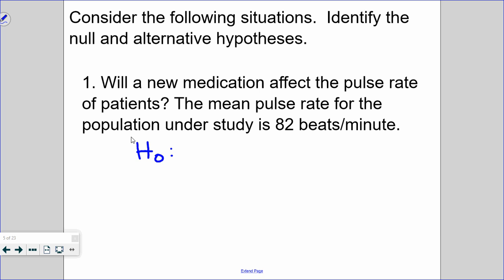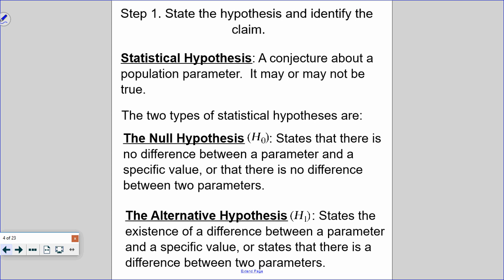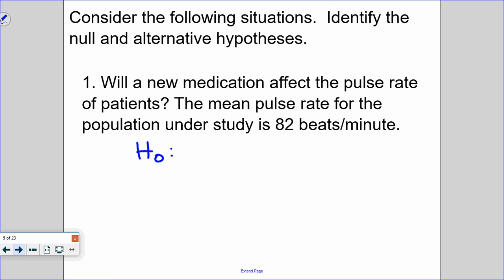I mentioned it several times, that there is a difference between a parameter and a specific value. Mean is a parameter. Population mean is a parameter. Population standard deviation is a parameter. When we find a sample mean, that's called a statistic. Okay, so that's something that we've seen and we'll still use that information here.